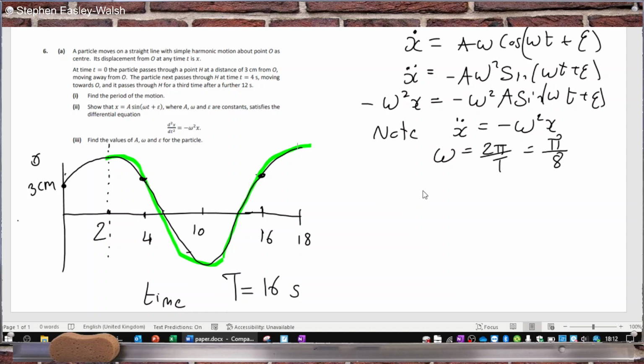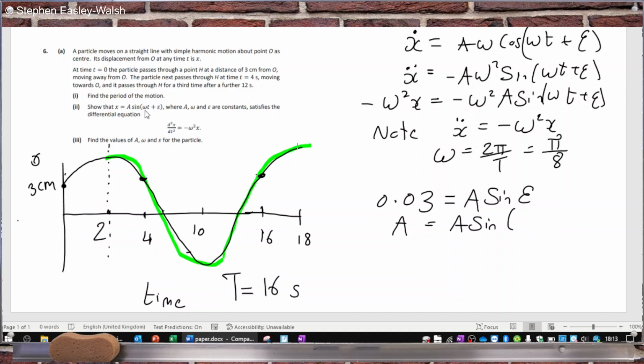So if we sub in our values, x at 3, I'm going to use meters, 0.03, that's x equals a sin epsilon. That's the first value here. Let's look at the second one. The amplitude, that's equal to a sin(omega t plus epsilon).